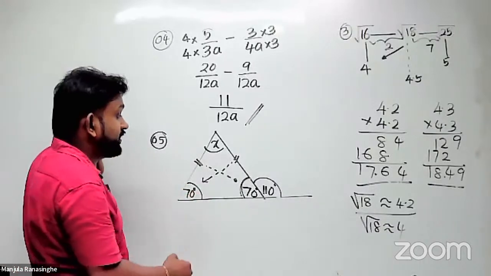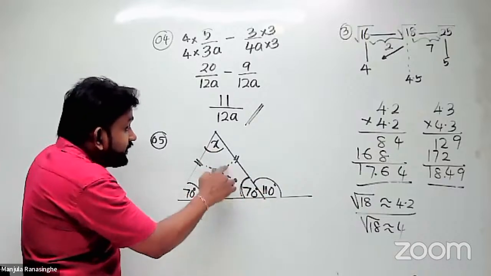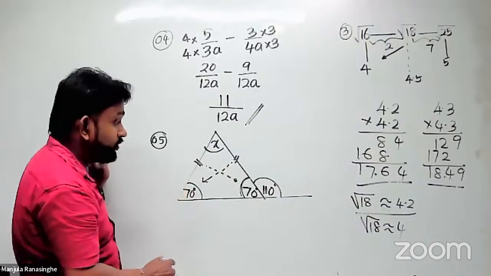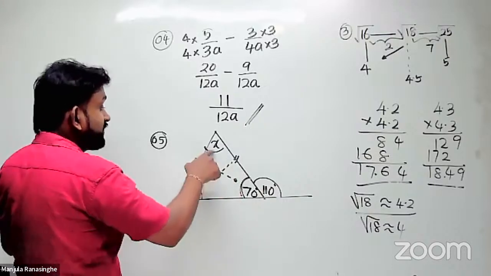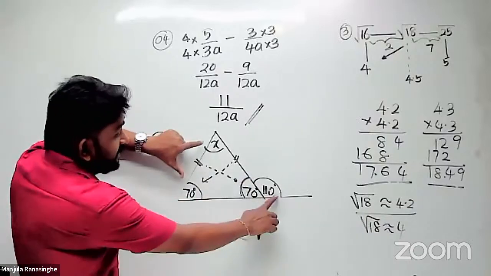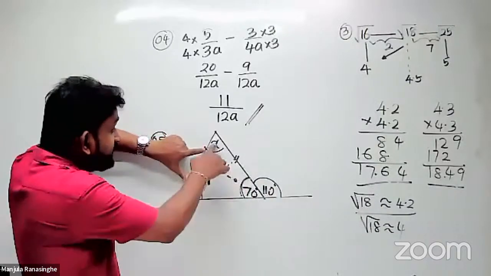Now you can consider either exterior angle theorem or interior angle sum equal to 180, whatever. So I can write the interior angle sum or I can write exterior angle theorem. What is the exterior angle theorem? See that this is the exterior angle 110 equal interior opposite sum.